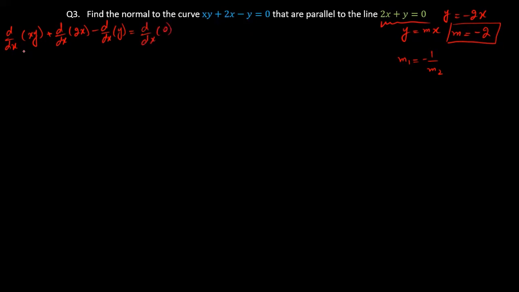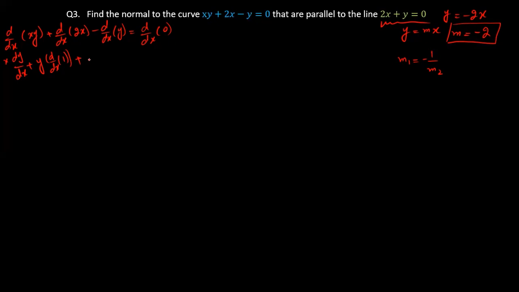We will apply the product rule over here, because we have two functions x and y: write x here and take the derivative of y, which is dy by dx, plus now we write y here and take the derivative of x, which is d by dx of 1.